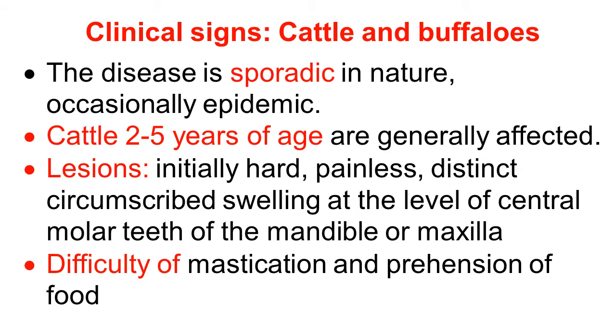Cattle 2 to 5 years of age are generally affected, and the reason may be erupting teeth and chewing of straw and hard, fibrous feed that cause injury in the mouth, and the Actinomyces that is in the mouth may enter the bone. The lesion is very characteristic to provide a diagnosis.